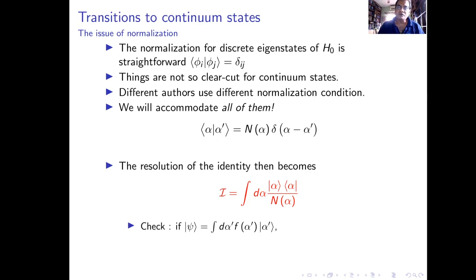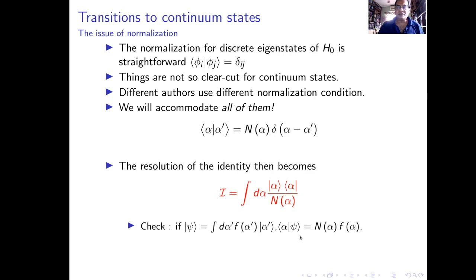So how do you find f of alpha prime? Simple. If you take the overlap of the ket psi with the ket alpha, or basically apply the bra alpha on the ket psi, this integral becomes very simple because of the bra alpha ket alpha prime bracket, which is a delta function, and you end up with n alpha f of alpha.